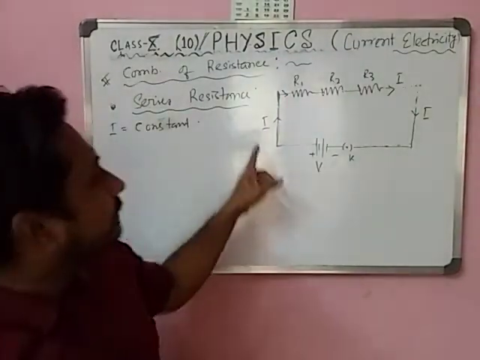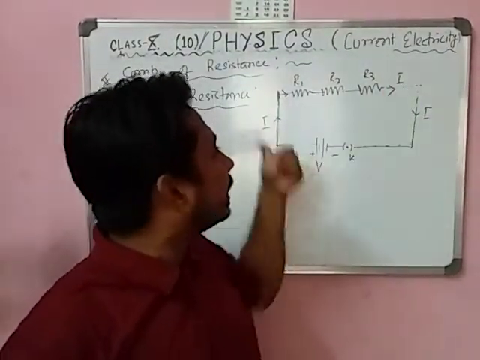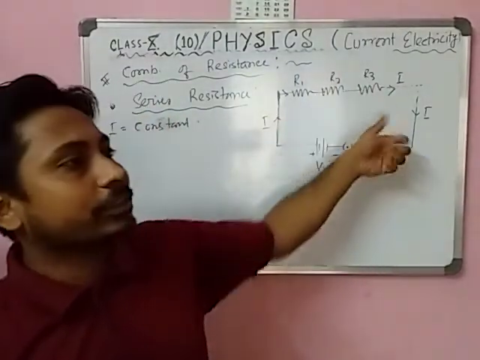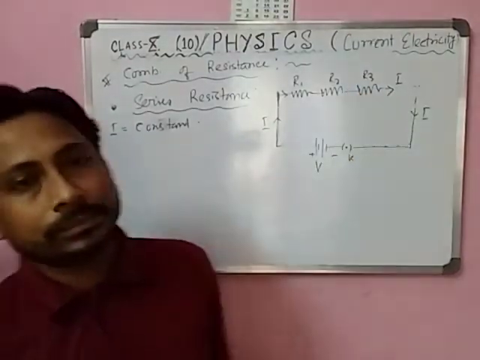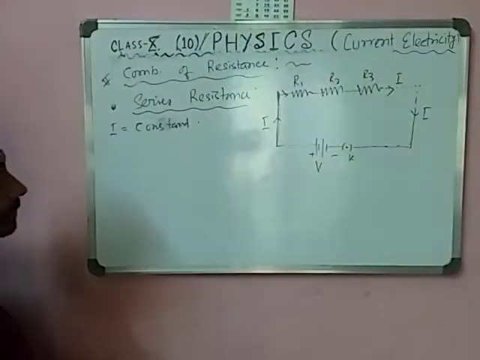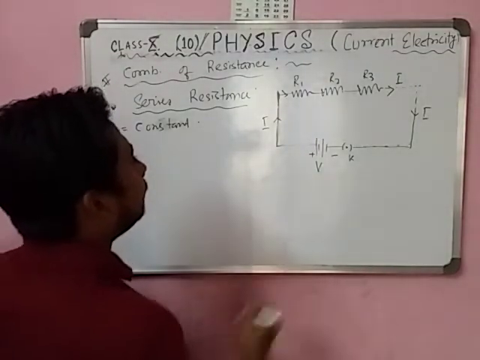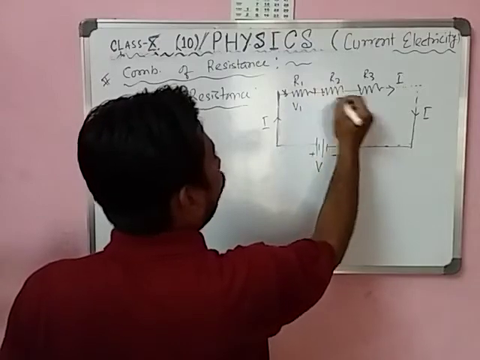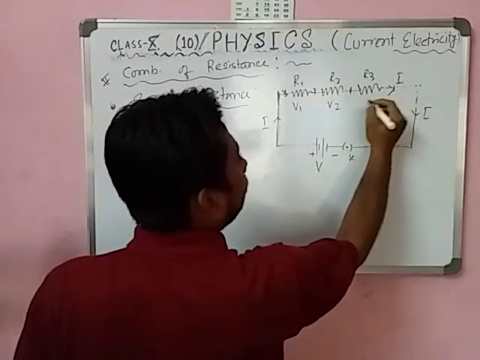Because a single path means a single current. So a single current will flow through this conductor. But what is the difference in series? There is a difference in potential. Here you get a drop of V1, here V2, here V3.